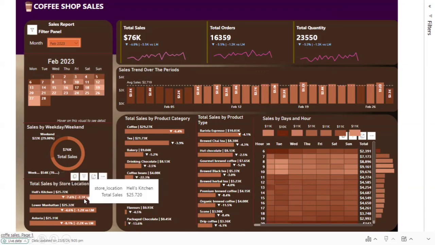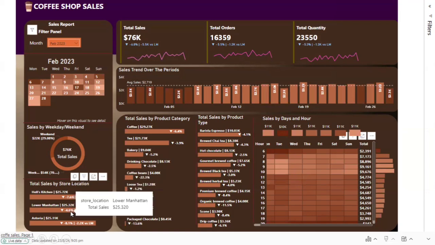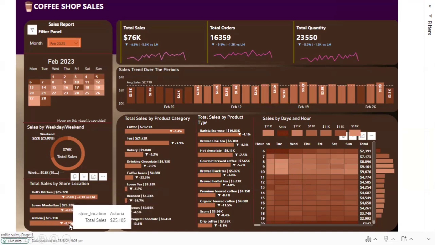In Lower Manhattan there is a 4.6% decrease compared to last month, which is 1.2K dollars. And in Astoria the decrease is more, 8.1% and 2.2K.